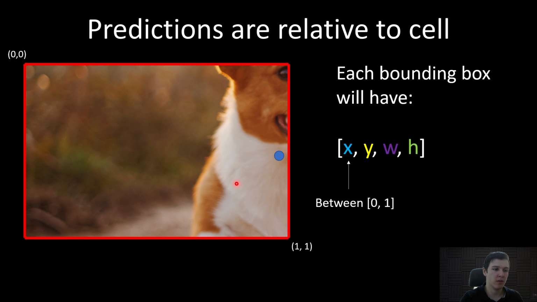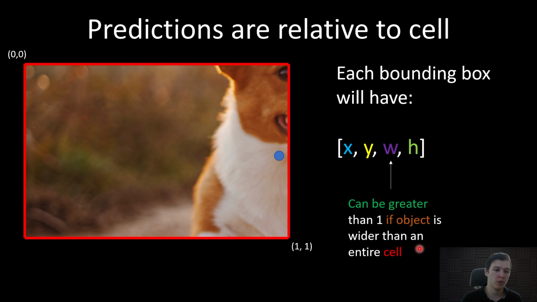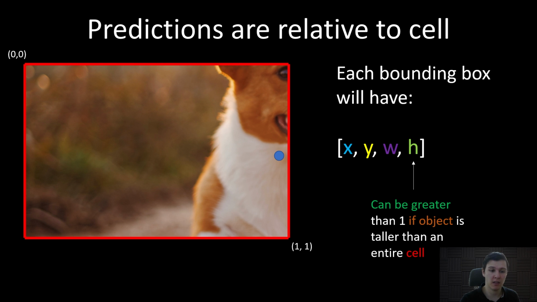And similarly for the Y value, it will also be between 0 and 1. Now for the width, this can actually be greater than 1, and that is the case if the object is wider than an entire cell. And so similarly for the height, it can also be greater than 1 if the object is taller than an entire cell.